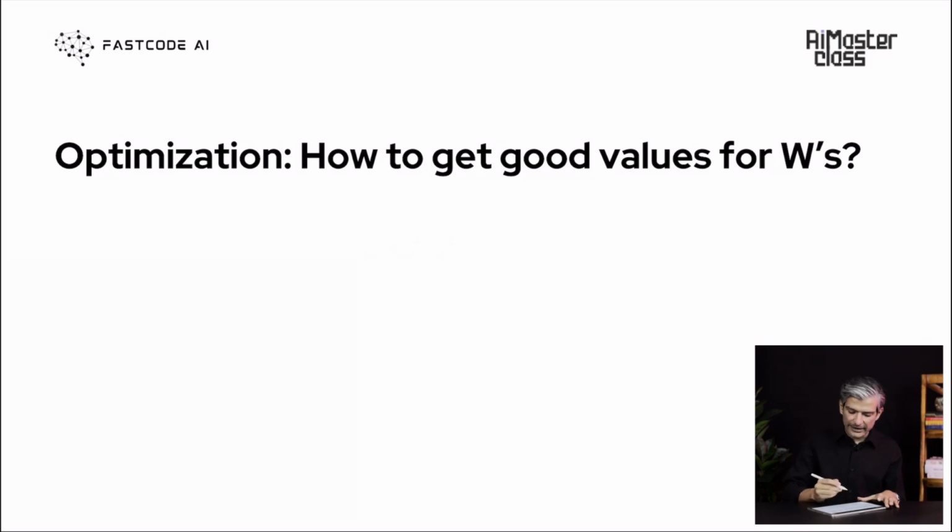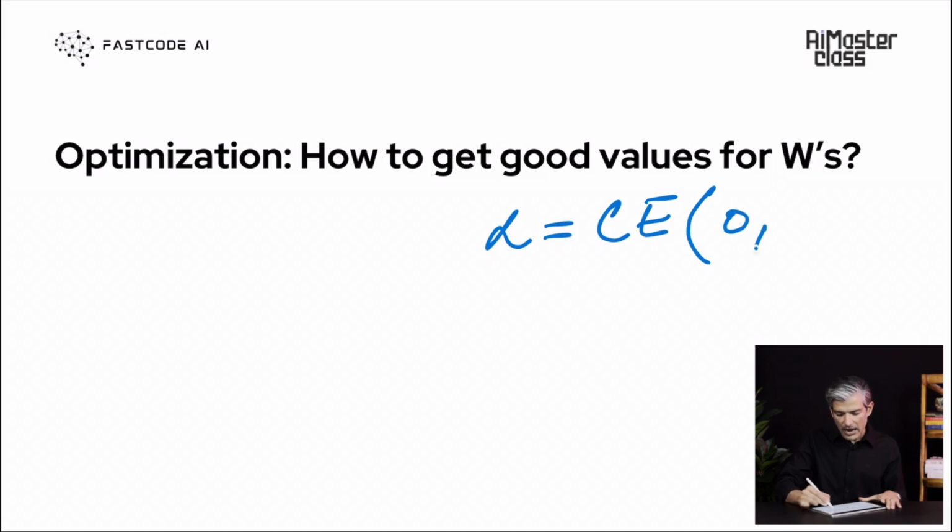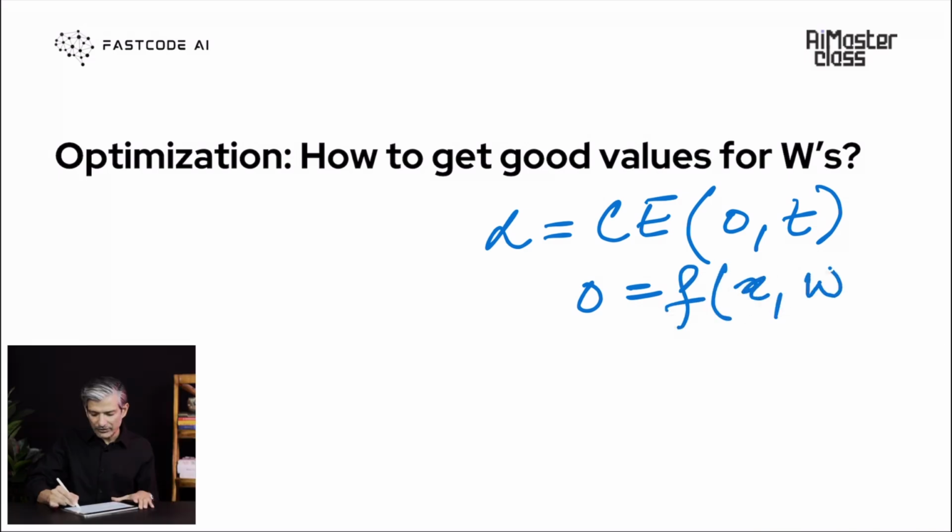So let's say this is our loss curve. We already know that loss is, let's say, your cross entropy in this case, and cross entropy is a function of your output and targets, and the output is a function of your input and weights.